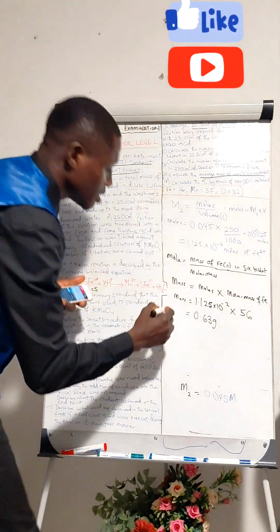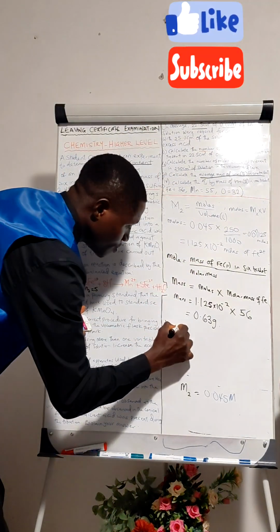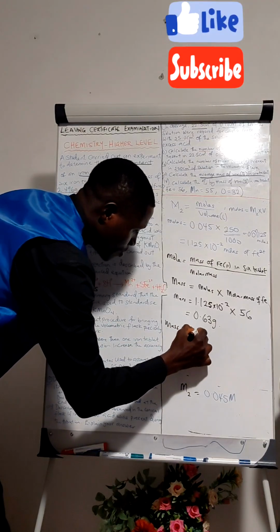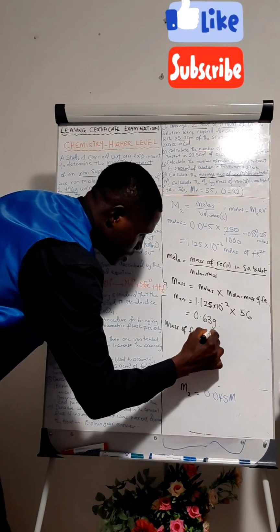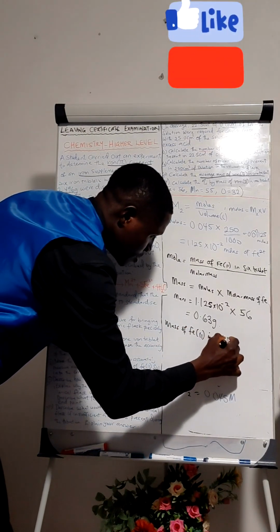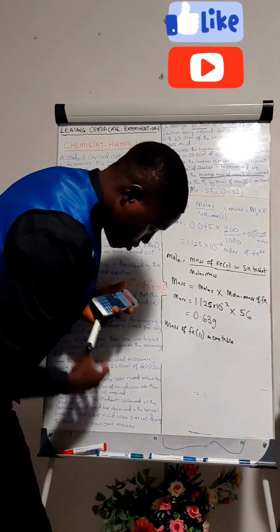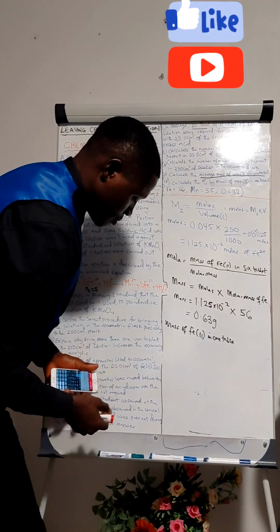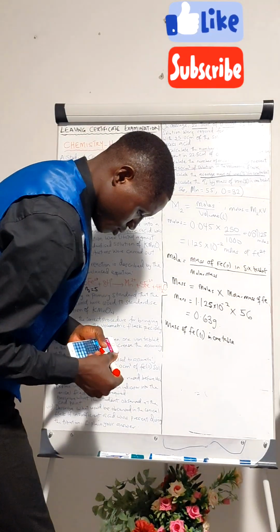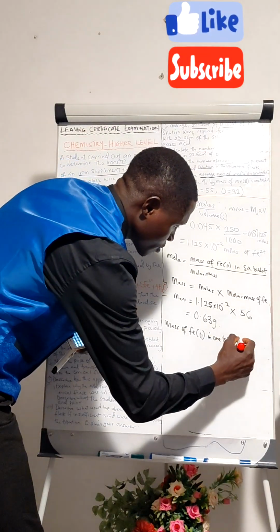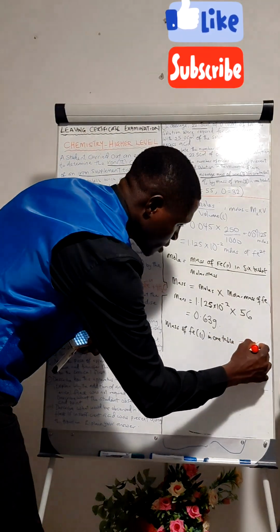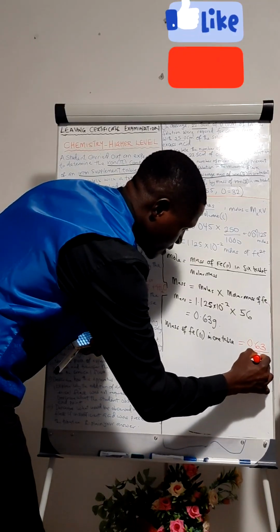So the mass of iron 2 now in one tablet, please note, in one tablet, will be equal to 0.63 divided by 6.